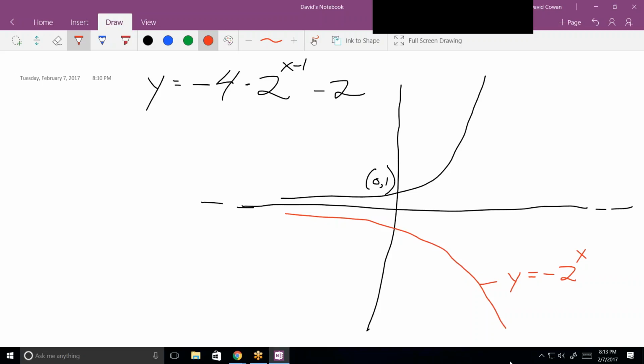The minus 2 shifts my horizontal asymptote down by 2 units. So if I do it next, let me do that in green. There's my new horizontal asymptote.